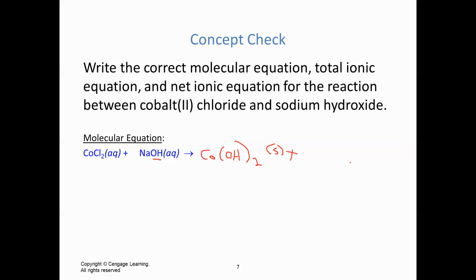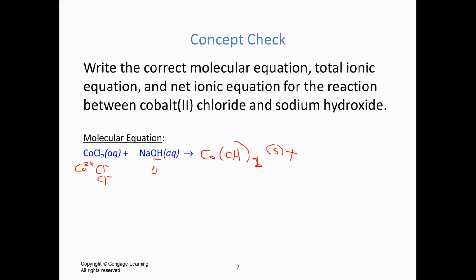You might be wondering, how did we know that there's going to be two hydroxides for that cobalt? Well, cobalt here has a 2+ charge because the charge of an ionic compound has to always sum to 0. And so if each of our chlorides is 1 minus, then what that means is that our cobalt must be 2 plus in order for those charges to cancel.